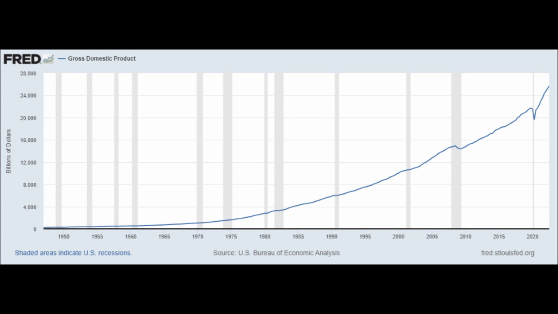This line consistently goes up, but occasionally does not go up very quickly, or in some points goes actually down. If you look at the 2008-2009 Great Recession period, GDP actually was negative there for a while. And of course, the pandemic-related recession of 2020, you see a big dip there too.